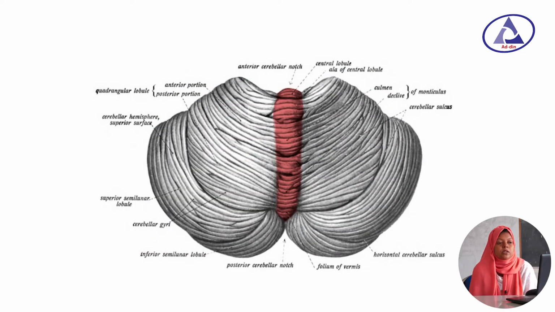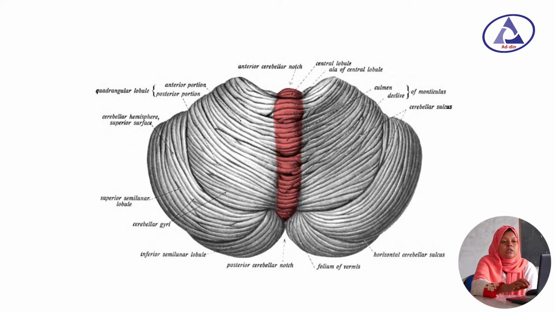Here is a picture where we see the superior surface of the cerebellar hemisphere. Right and left cerebellar hemispheres show the superior surface, and the red marked area is the vermis or superior vermis, and there is a notch, that is anterior cerebellar notch, which is wide, but there is a posterior cerebellar notch which is narrow and deep.